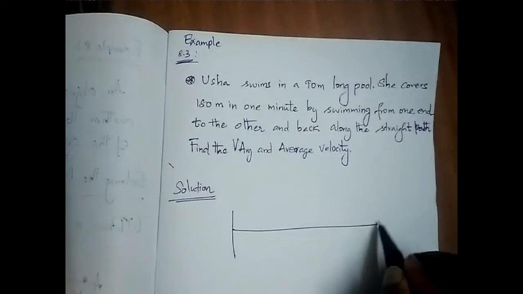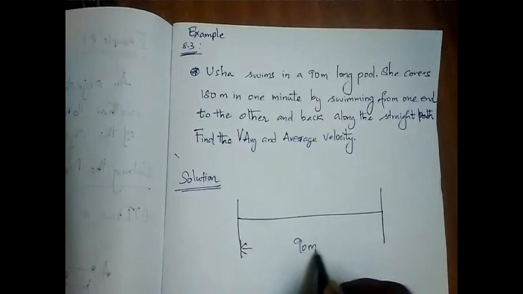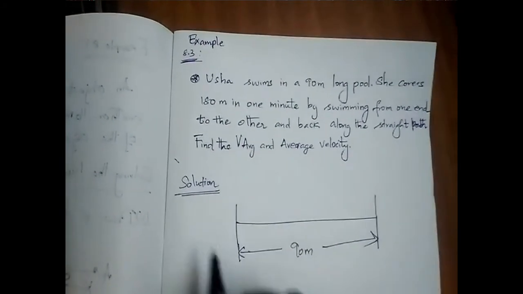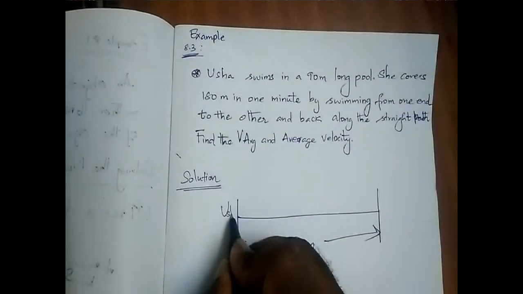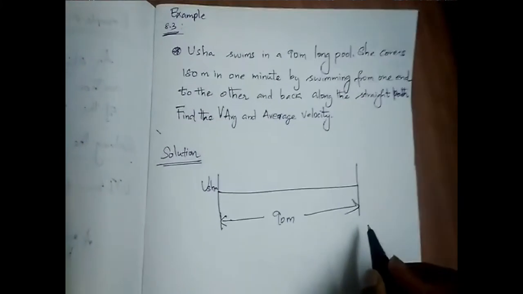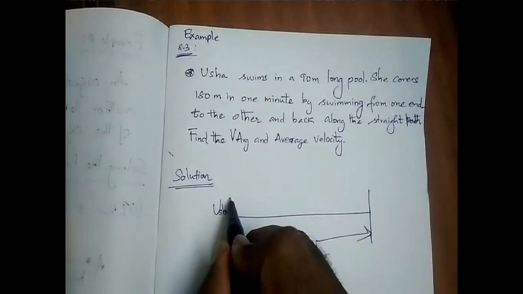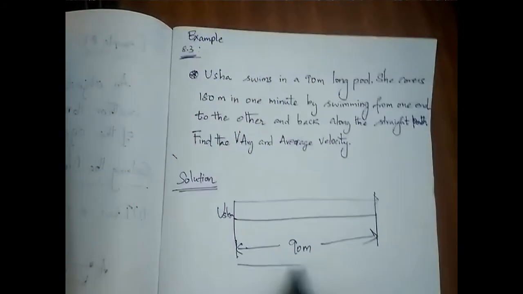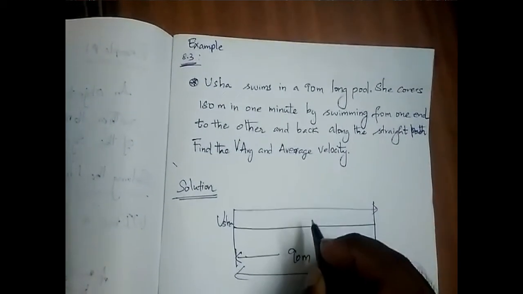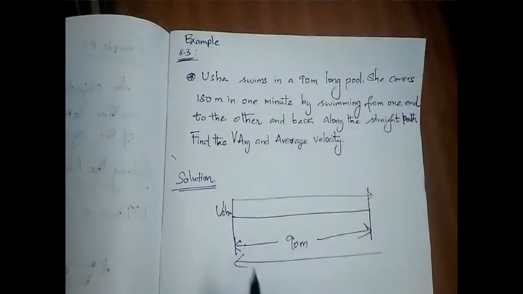So that is the swimming pool. Well, that's not really a swimming pool, but imagine it is a swimming pool that is 90 meters long. Usha is there. She is swimming from one end to the other end. She travels 90 meters this side and comes back to the initial position. So she covers 180 meters.